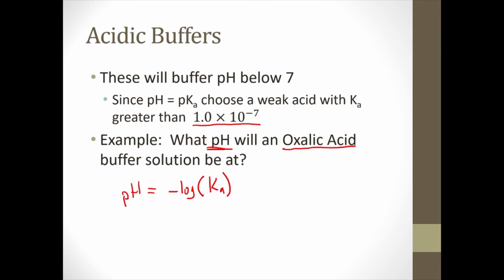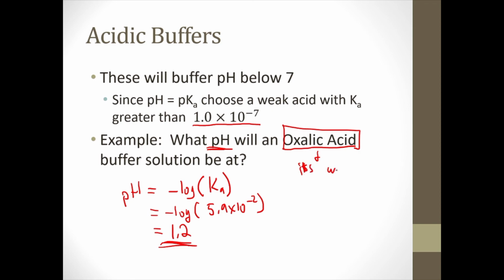So if I look up oxalic acid, it has a Ka of 5.9 times 10 to the negative 2. And we calculate its pH at that Ka. We get a pH of approximately 1.2. So if I want to create a very acidic buffer, if I want to keep my pH at 1.2, I would choose oxalic acid as my preferred buffer solution. So it'd be oxalic acid and its weak base. And that'll create an acidic buffer.